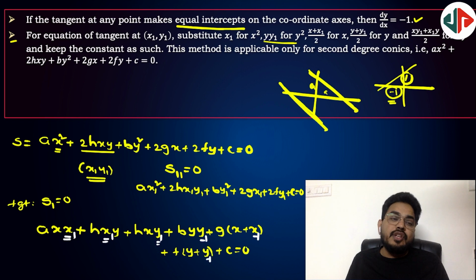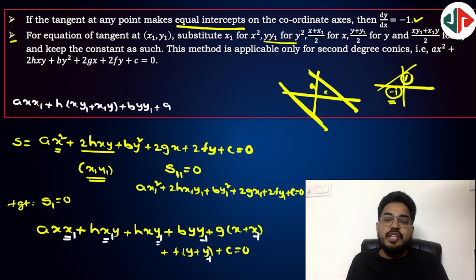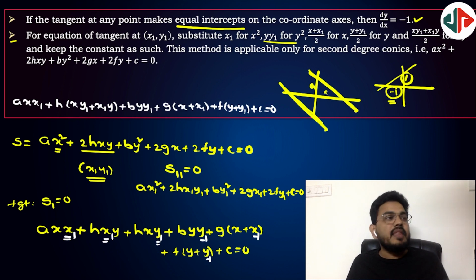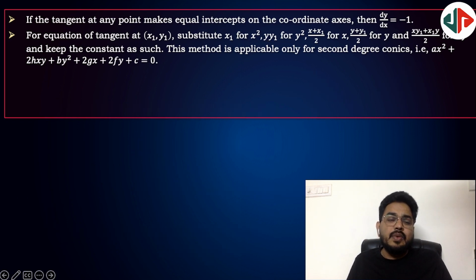So the equation will become axx1 plus h into (xy1 plus x1y) plus byy1 plus g into (x plus x1) plus f into (y plus y1) plus c is equal to 0. This is the tangent. Now, with the help of this one only, we write the tangent.